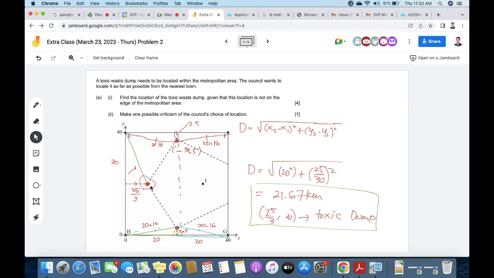What could be a possible thing that they should also consider when choosing a location? They considered the distance because they wanted the farthest possible from the nearest town. So the distance is checked. What could be something that is missed by the council?